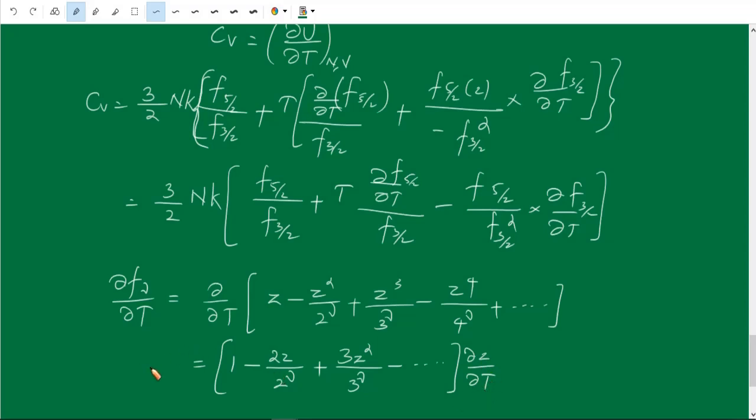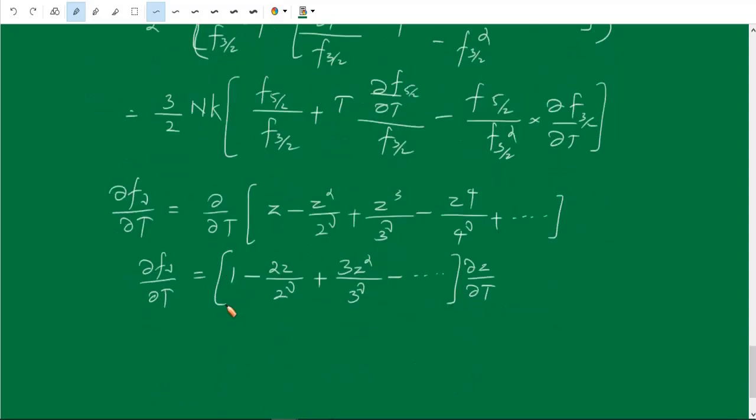So this is the ∂f_ν/∂t. So I can multiply with the z and I will divide it.